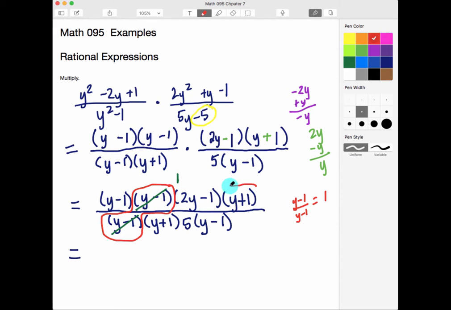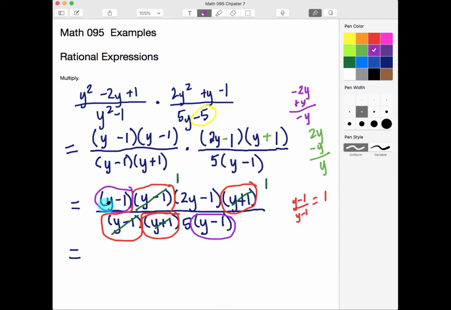So I'll look for anything else like that in this fraction as well. So it looks like here's a y plus 1 on the numerator and a y plus 1 on the denominator. So those cancel out to equal 1. And let's see, here's a y minus 1, and here's a y minus 1.